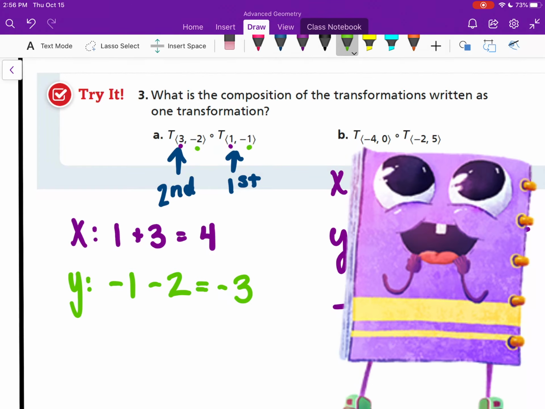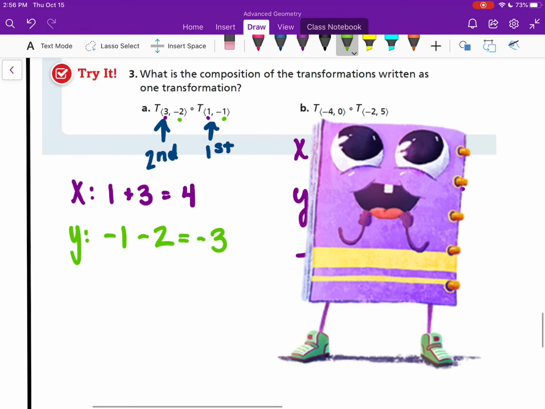So if we were to write this translation, which is what it wants, what is the composition of the transformations written as just one, we would say it's a translation where x moves 4, y moves down 3. And that's how we'd write it.